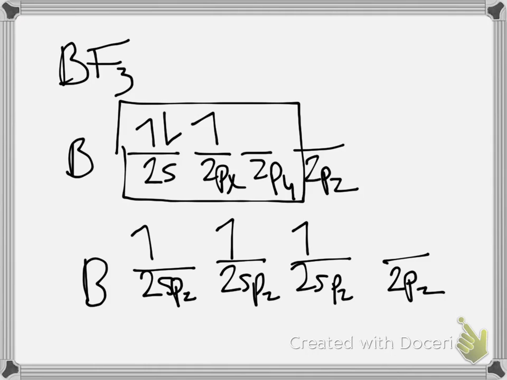Why doesn't the 2pz get included? Because there aren't enough electrons to go around. If boron had 4 valence electrons, 4 orbitals would go into the hybridization. Is that using one of the 2s electrons? Yes, so one of these electrons hops over to here.